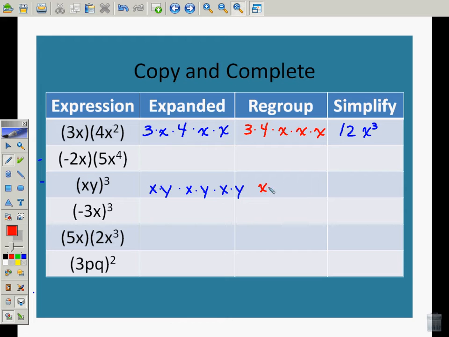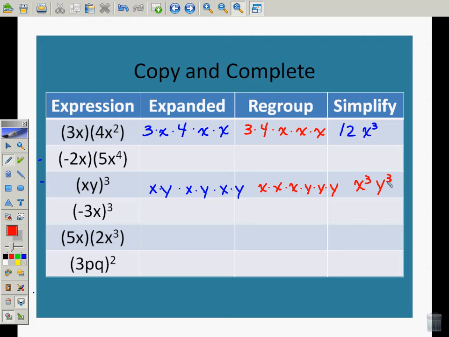So I'll have x times x times x times y times y times y, which looks really long and kind of complicated because we don't really know what x and y are. But when we simplify, we really get x to the 3rd times y to the 3rd. And so the simplification process is really just a matter of reorganizing it so it looks a little bit easier.